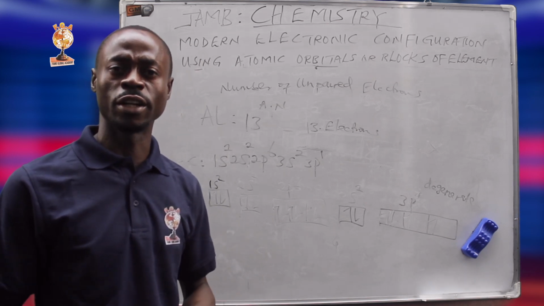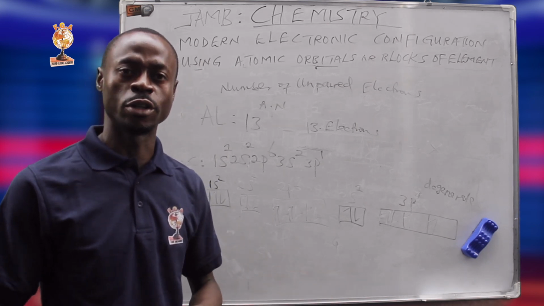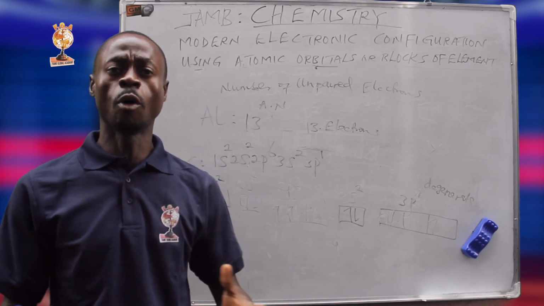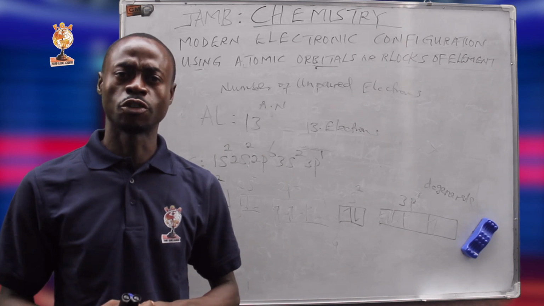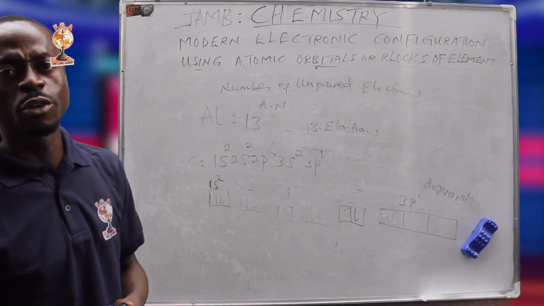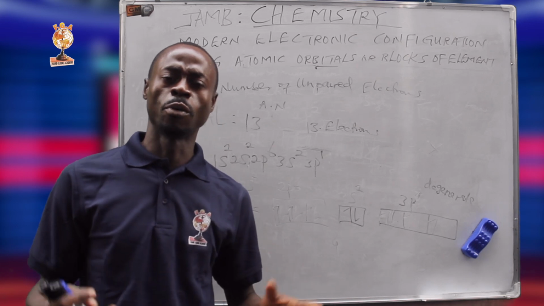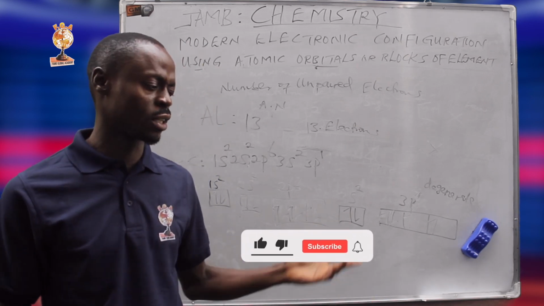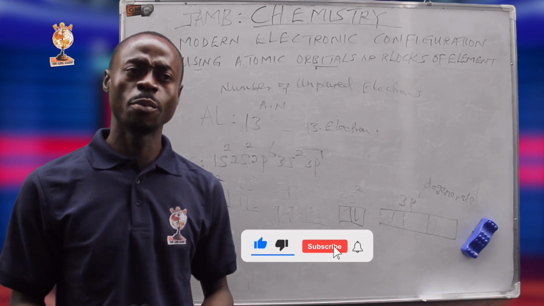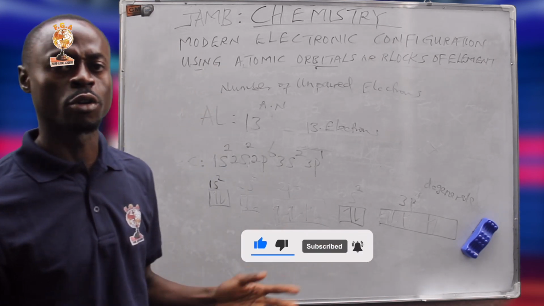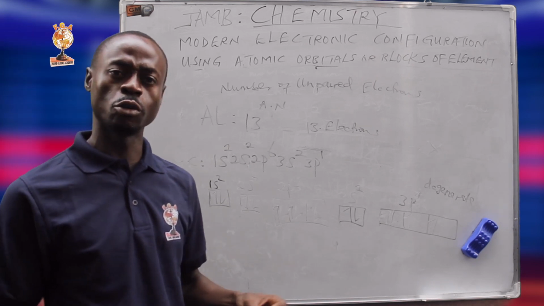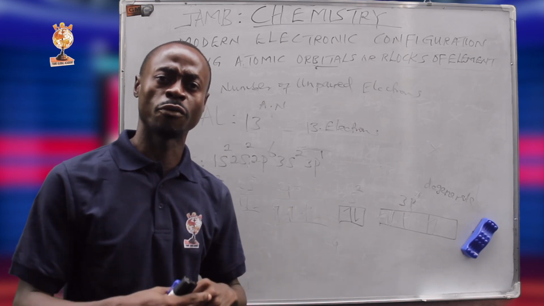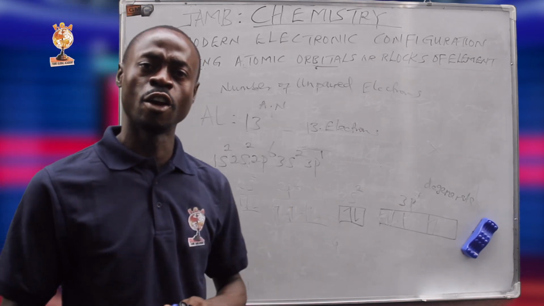But before we go for the day, a quick recap of what we studied this morning. What we studied was all about the modern way of writing electronic configuration by making use of the various blocks of elements or atomic orbitals. I said we have 4 atomic orbitals or blocks of elements, and each of these orbitals has a maximum number of electrons that it can take or occupy.